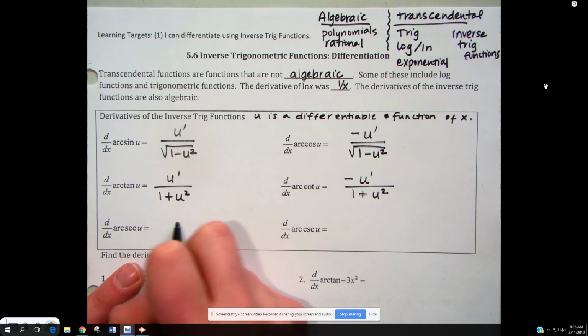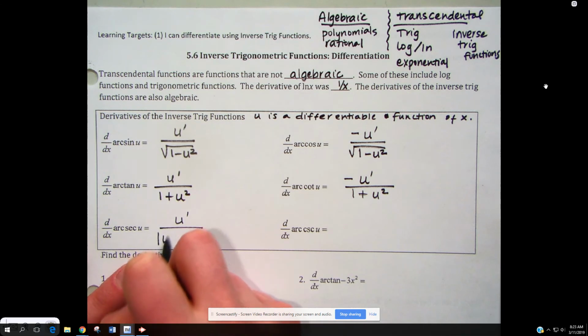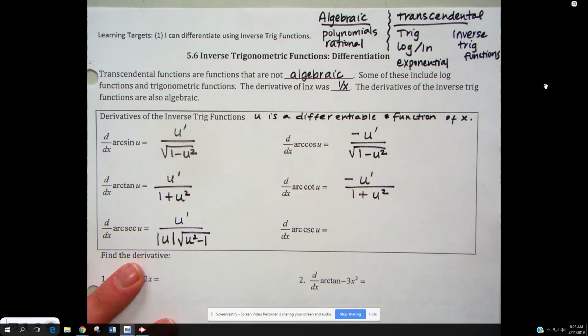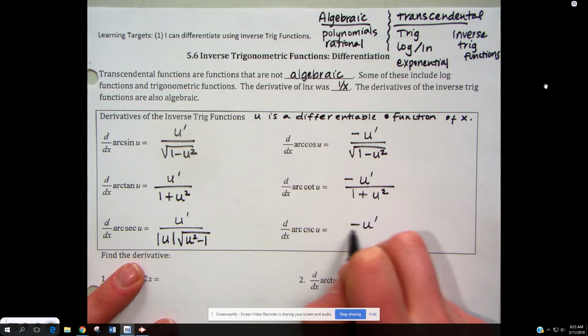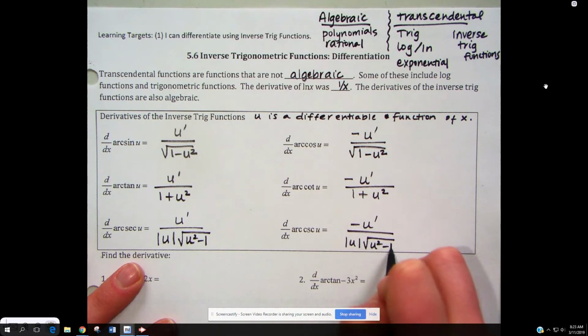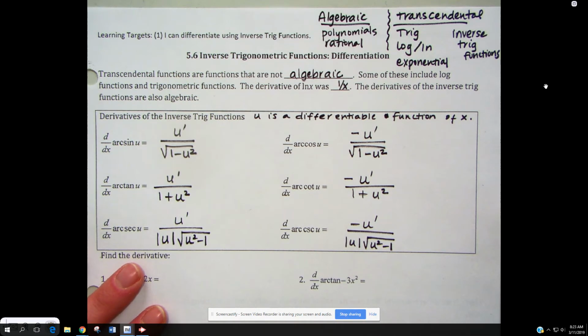Last one, we've got our secant and our cosecant: u prime over the absolute value of u, square root of u squared minus 1, and negative. Make sure you've gone ahead and copied them carefully. You can double check them in the textbook if you need to.